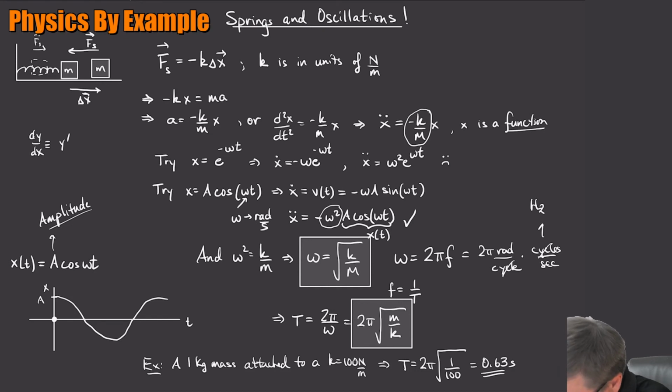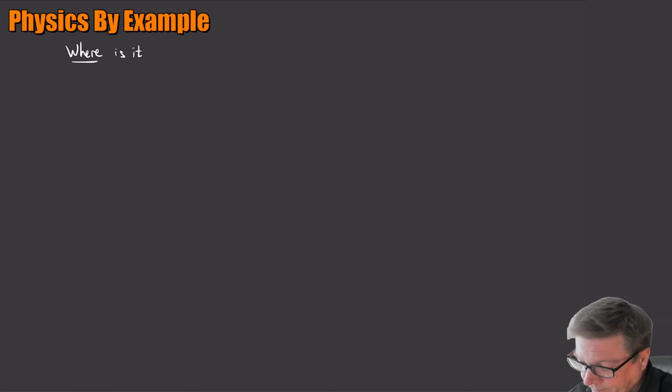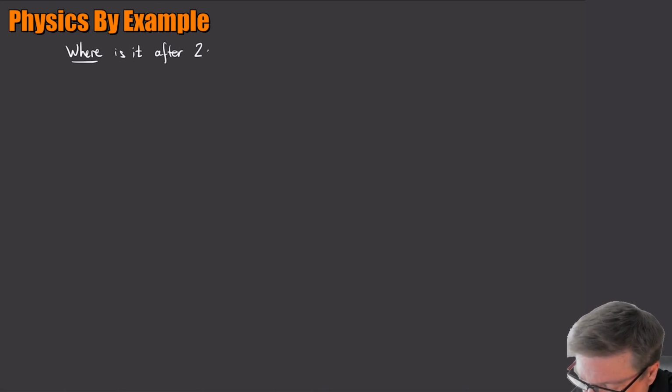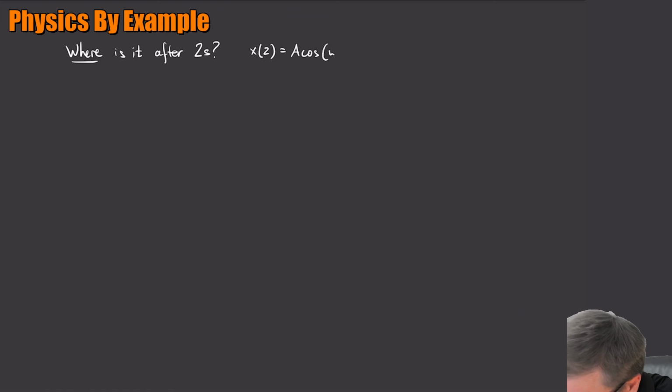And then we can say, where is it? Let me carve out some space. Oh, I'll just go to the next page. Okay, where is it after 2 seconds? So let's go back and find this thing's position after 2 seconds go by. Well, I know the position is given by A cosine omega t, right?